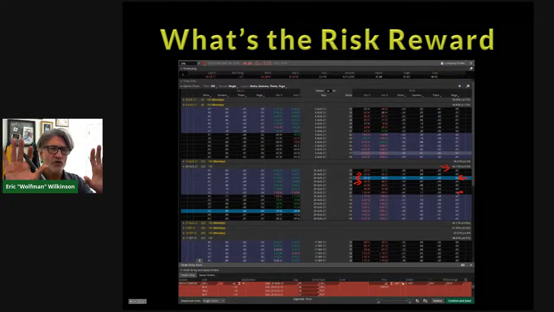Now, I sold the one closer to the at the monies, which is going to have more volatility coefficient. You can see that these at the monies are. So when I'm selling one at the 45, you can see my coefficients are different by 1, right? So the one I'm short is going down in value faster, by 1 percentage point.